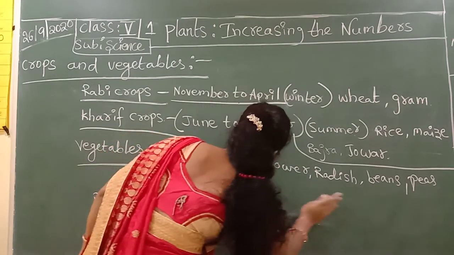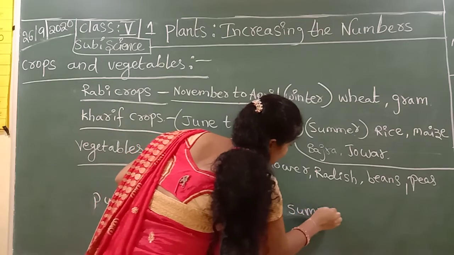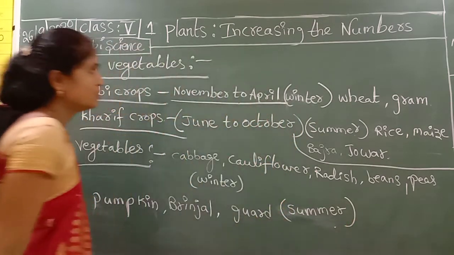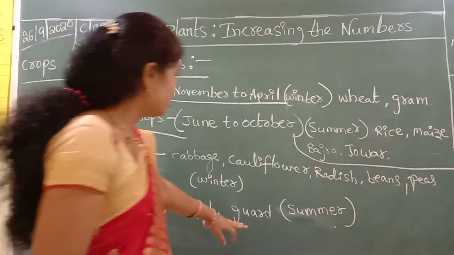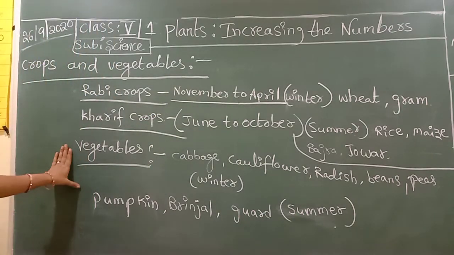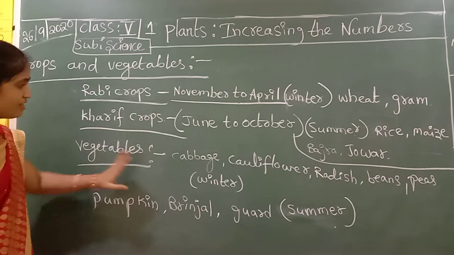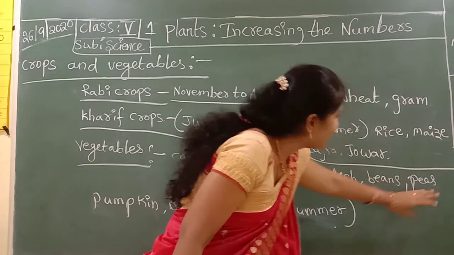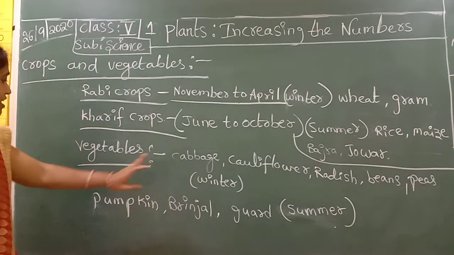Sorry, summer season. Already winter season is over, now summer season. So pumpkin, brinjal, gourd we get in summer season. Okay. Understand, children? Vegetables: cabbage, cauliflower, radish, beans, peas we get in winter season.